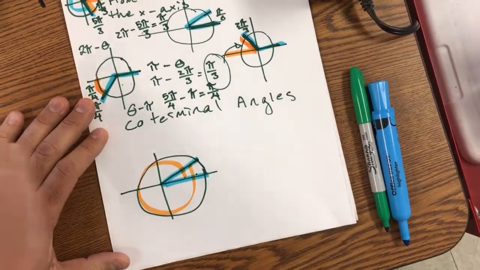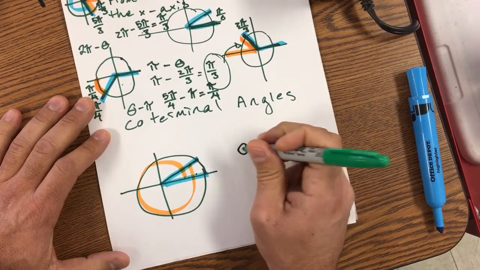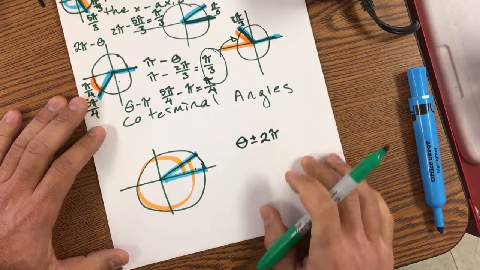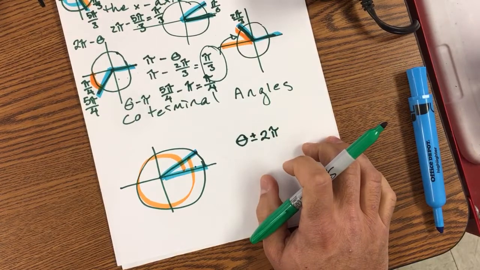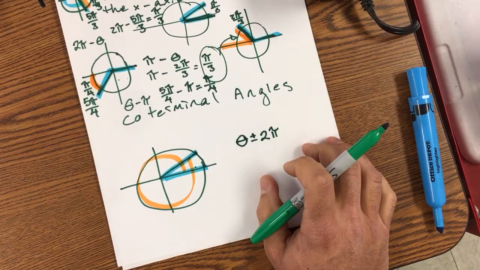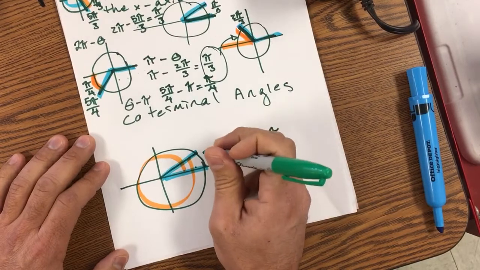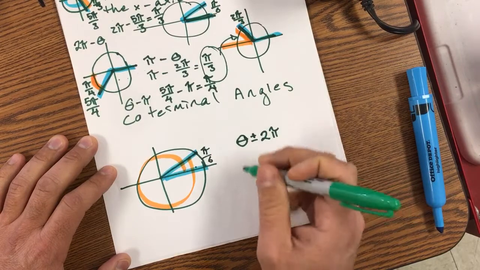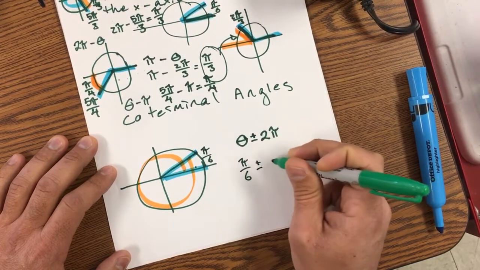So the coterminal angle is always theta plus or minus 2 pi. So I'm gonna go all the way around. So I'm gonna say my angle is, let's say this one is pi over 6. So my coterminal angle is pi over 6 plus or minus 2 pi.